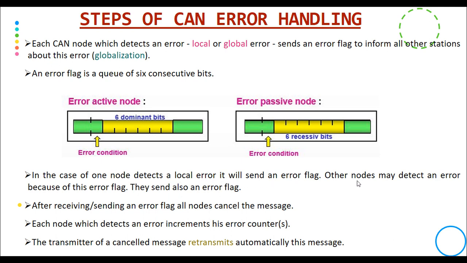The other nodes detect an error because of this flag and they also send their error flags. In this way, after receiving and sending an error flag, all the nodes cancel the message. Each node which detects an error increments its error counters. The transmitter of the cancelled message will automatically retransmit the message. Basically, once this error is detected, the transmitting node will retransmit the frame.